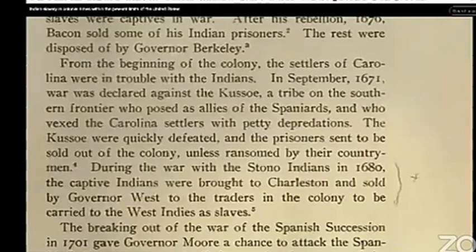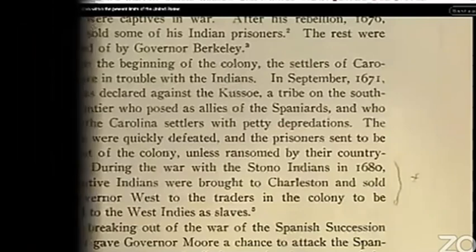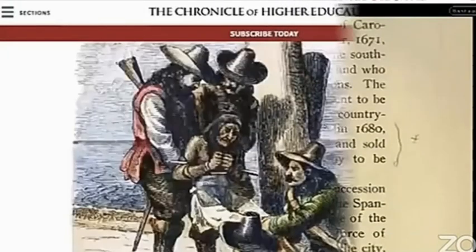The Cusabo were quickly defeated, and the prisoners sent to be sold out of the colony, unless ransomed by their countrymen. During the war with the Stono Indians in 1680, the captive Indians were brought to Charleston and sold by Governor West to the traders in the colony to be carried to the West Indies as slaves." Again, Indians being sent to the West Indies as slaves or servants.